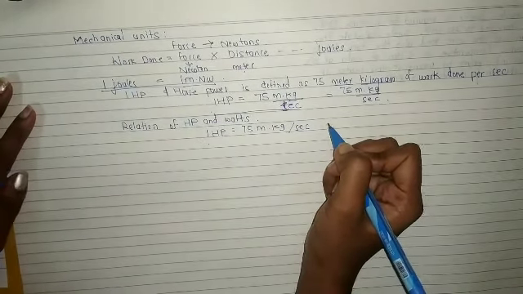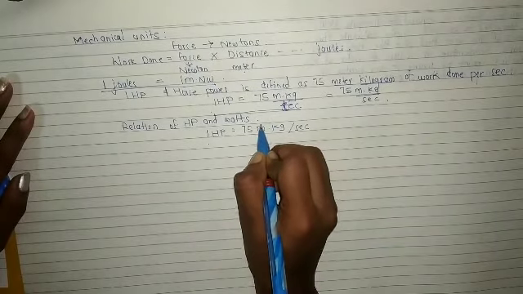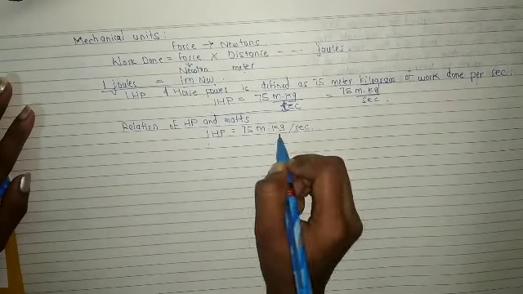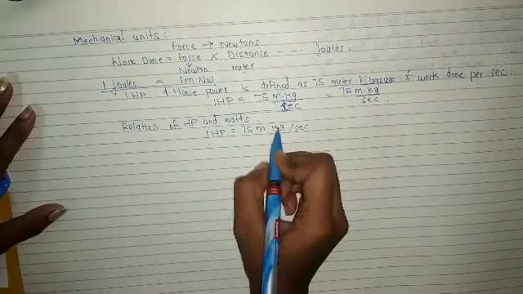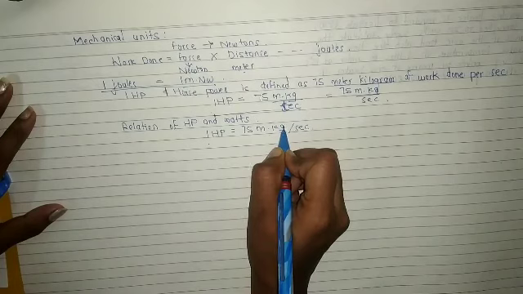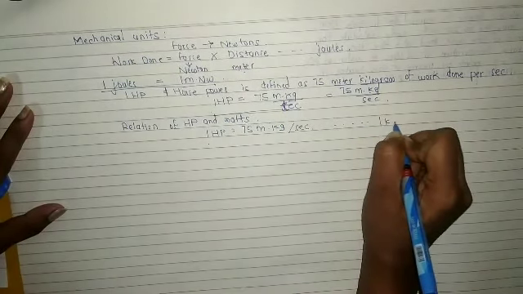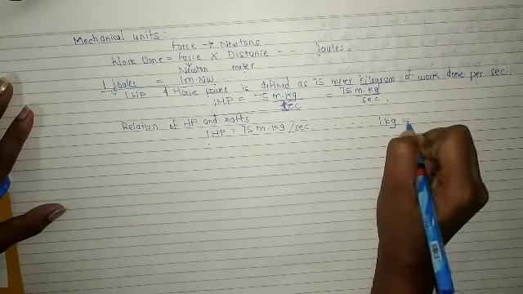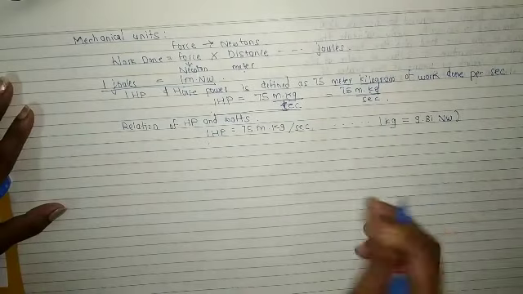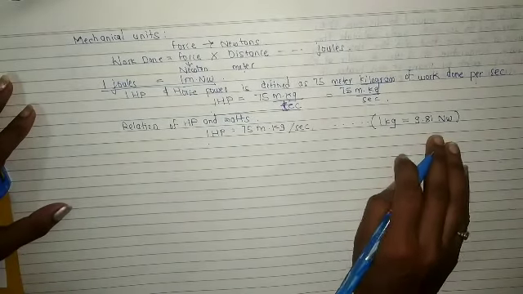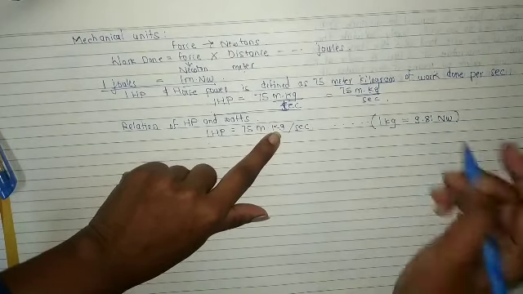We have to convert this unit, meter kg per second, into watts. First we'll convert this kg into Newton. According to this, 1 kg is equal to 9.81 Newton. We'll substitute this kg with this.